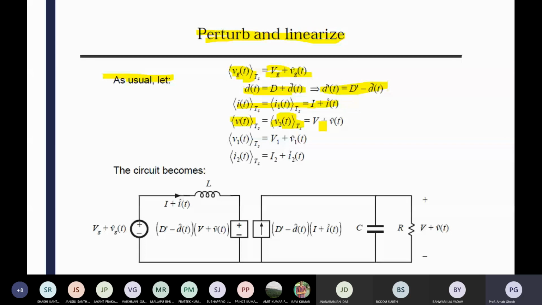V1 looks like the V1 steady state value plus the AC variation, and the same happens for I2, steady state plus I2 cap.